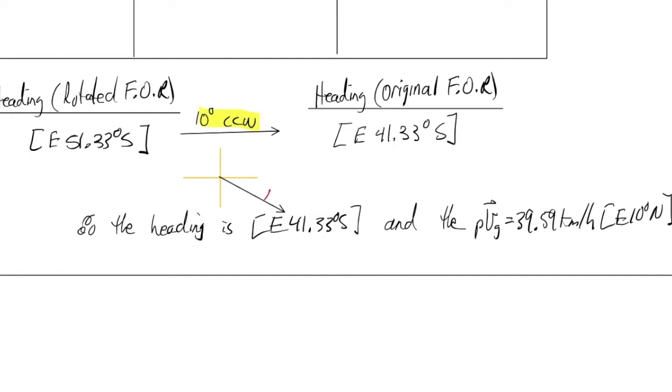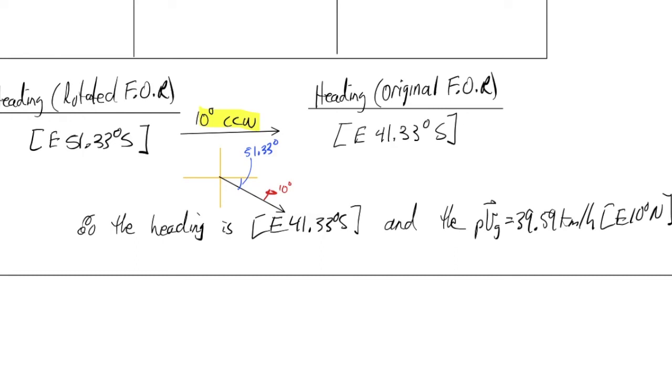That means you're rotating this way. So if this originally in here is your 51.33 degrees, by rotating it 10 degrees counterclockwise, we subtract the 10 from this 51.33. And that's why a diagram really helps to make sure that you get the numbers right. Doing it in your head can cause confusion.